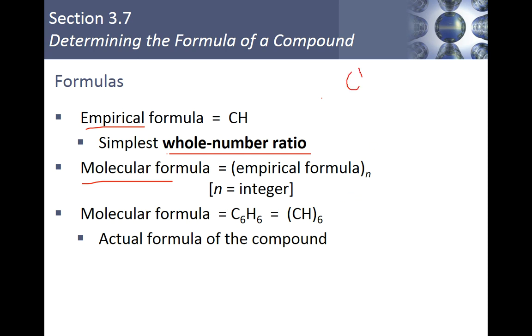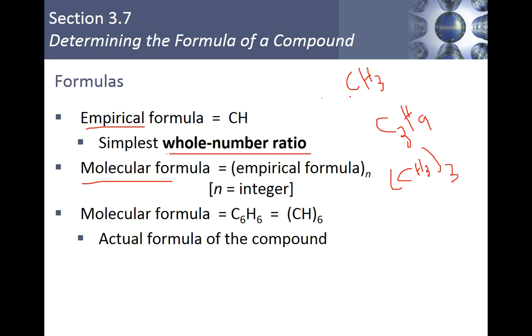So if I'm starting off with CH3 as my empirical formula, but then I find out that I have a much larger total molar mass, and my actual molecular formula turns out to be C3, then my H would also have to be 9, so it'd be C3H9, or you would represent it as CH3 in parentheses like this.